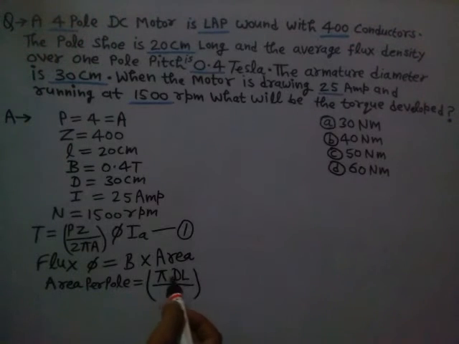So the total peripheral area becomes pi d into length of the armature. So pi dl by P will be the area per pole, right?